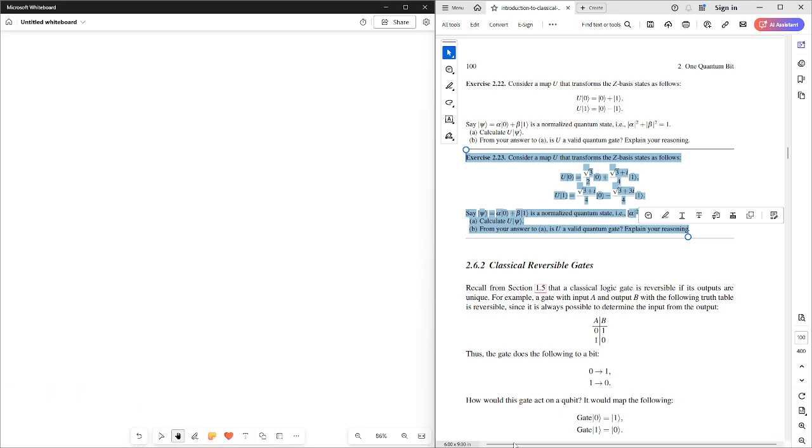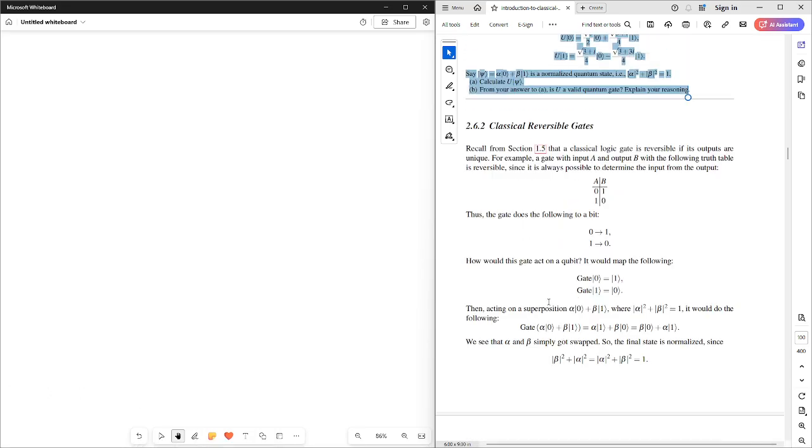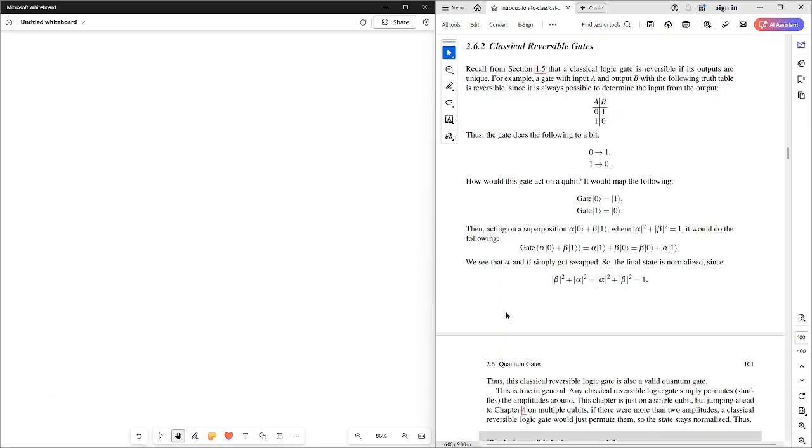Alright, so classic reversible gates. Alright. So let's say that we have a NOT gate, right?